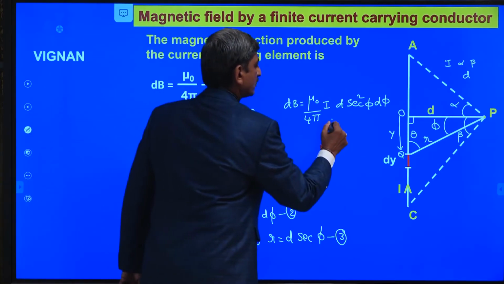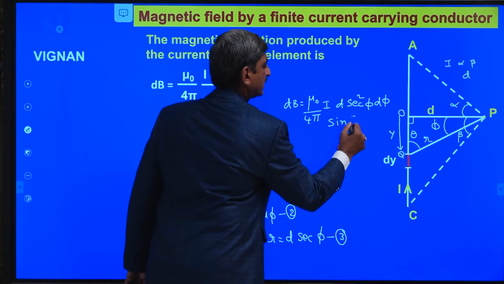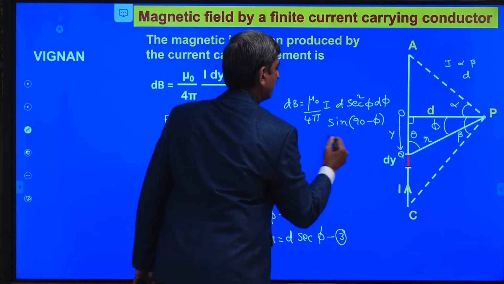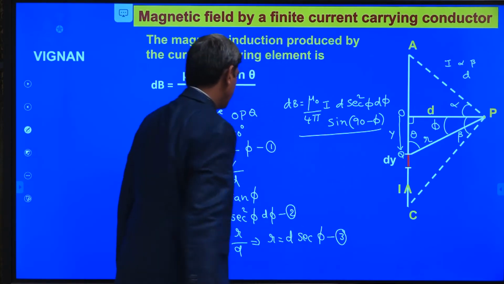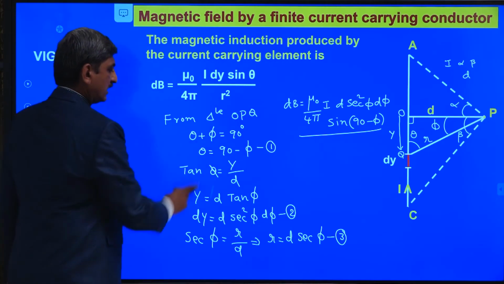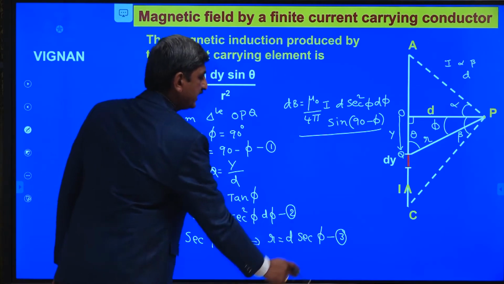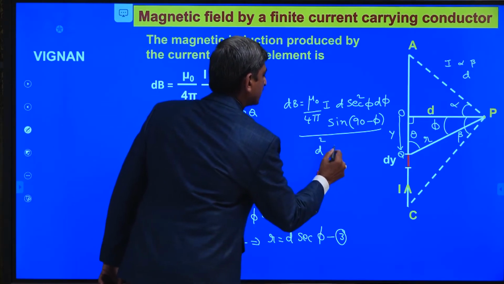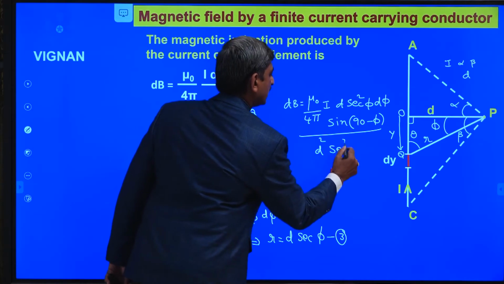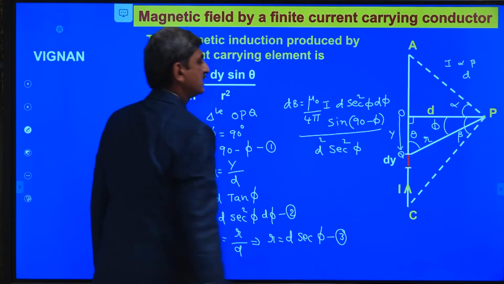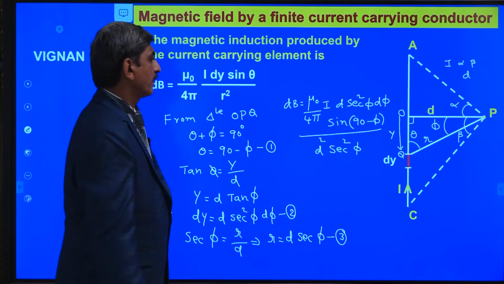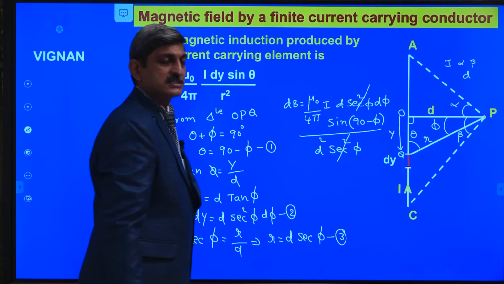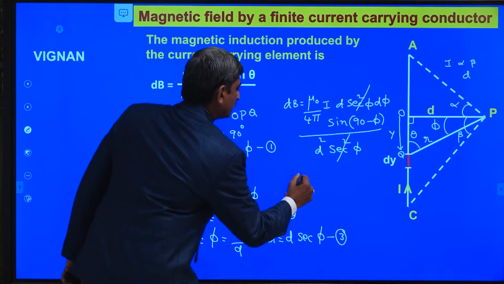Sin theta is equal to sin 90 minus phi whole divided by, what is r? R is equal to d secant phi, so that r square is equal to d square secant square phi.